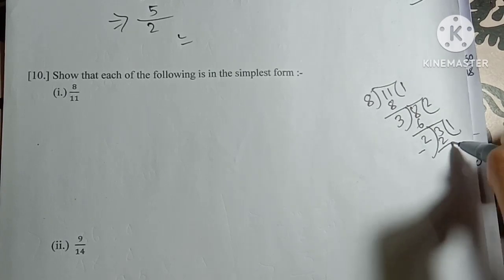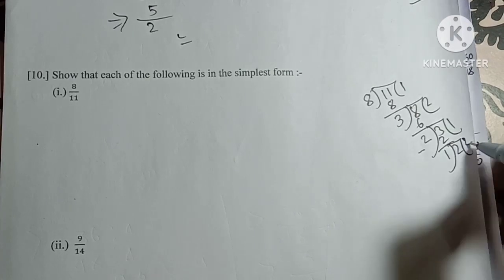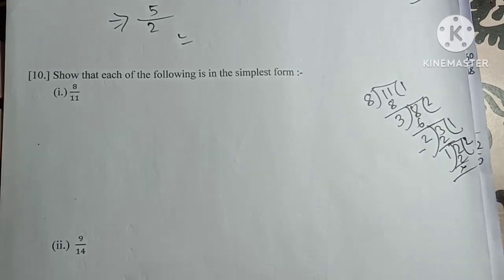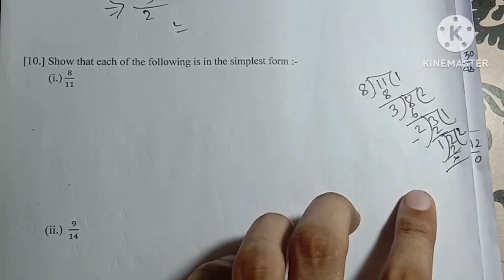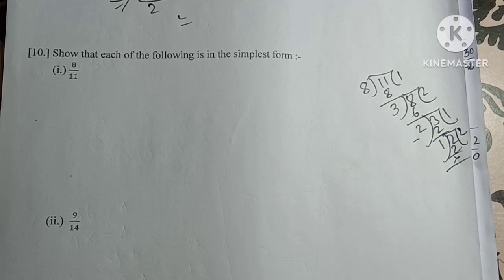Now 1 times you will get 1. Now 1 becomes the divisor and 2 the dividend. So 1 twos are 2. Here we will completely divide it, and you know that in the division method of HCF, the last divisor which we will get is the HCF.